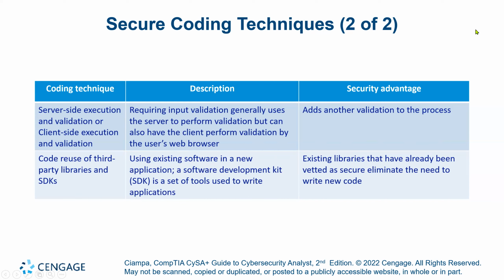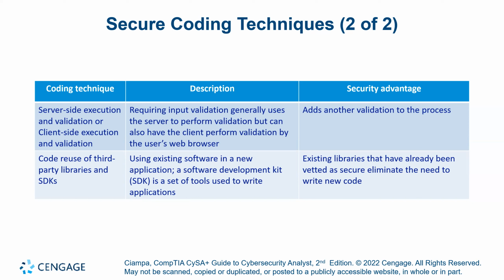Server-side execution and validation, or client-side execution and validation. Requiring input validation generally uses the server to perform validation, but can also have the client perform validation by the user's web browser. This adds another validation to the process. Code reuse of third-party libraries and SDKs: using existing software in a new application.